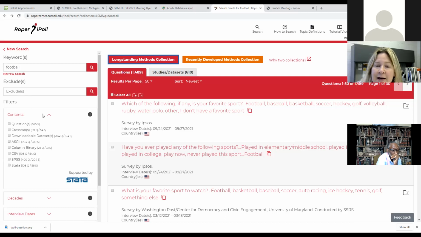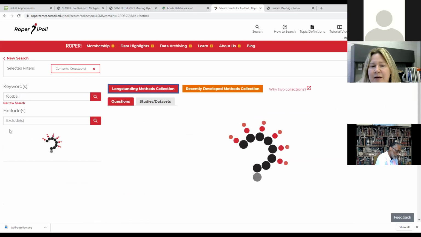You can navigate iPoll this way, though, with the filters. We could only look at questions where football was part of the question. But one of the nicest things to explore is this feature called crosstabs. If I click on crosstabs, it's going to really narrow my results.